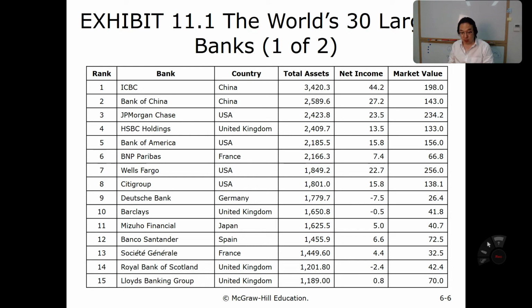Societe Generale, number 13. And then Lloyds Banking Group of the UK. The Lloyds name itself is exactly the same as the insurance market called Lloyd's of London.